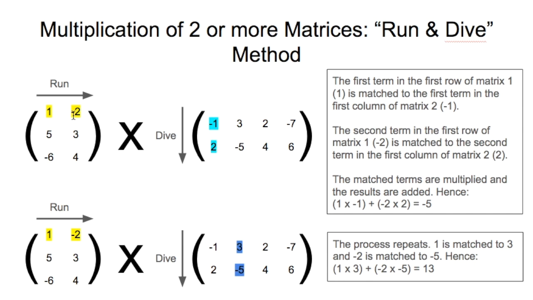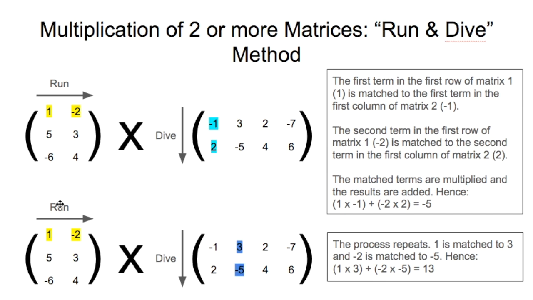And so the same goes for the second term of the first row of matrix 1 and the second term in the first column of matrix 2. And these matched terms are multiplied and added, and we find that our dot product value, which we were to obtain if we use the previous method, is -5, and we can also obtain this using the run and dive method.